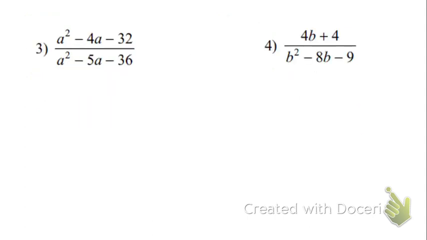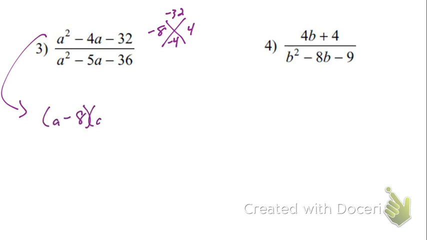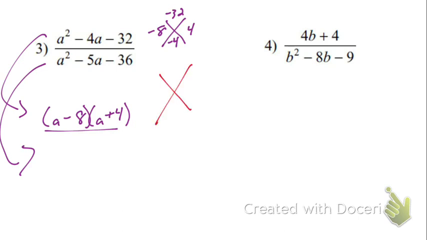Let's see how many we need to do on the next one. I can take care of the one on the left for you. Two numbers that multiply to negative 32 and add up to a negative 4. If I did 8 and 4 and made the 8 negative, that would work. So the numerator is going to be a minus 8 and a plus 4. The denominator, I'll try and change colors, is going to be two numbers that multiply to a negative 36 and add up to a negative 5.